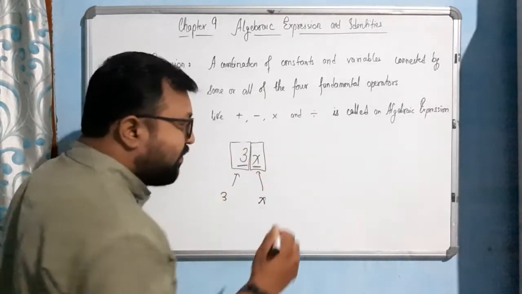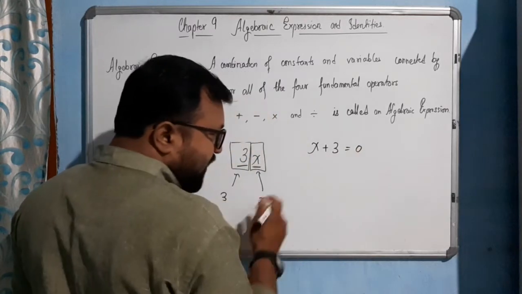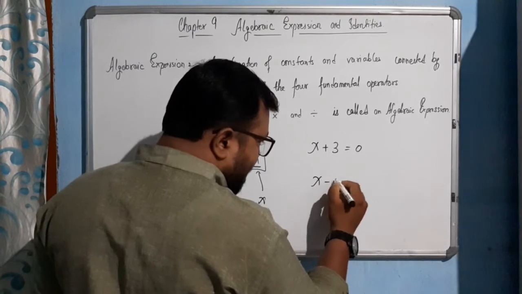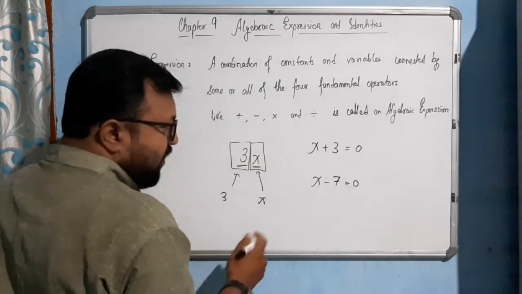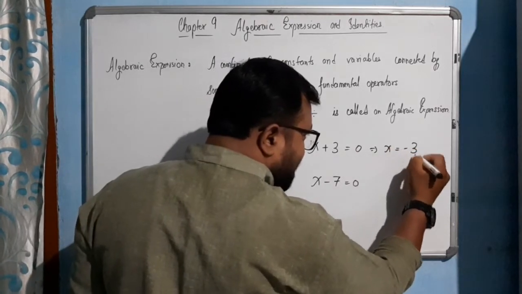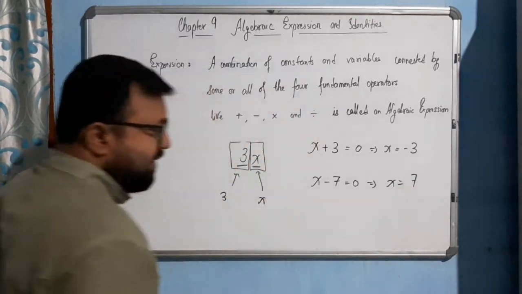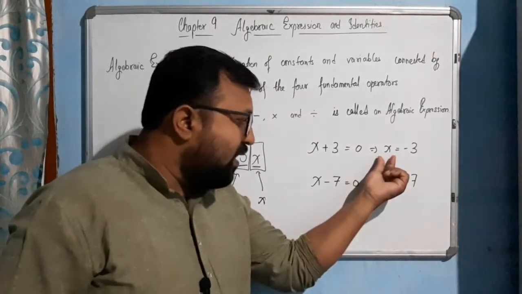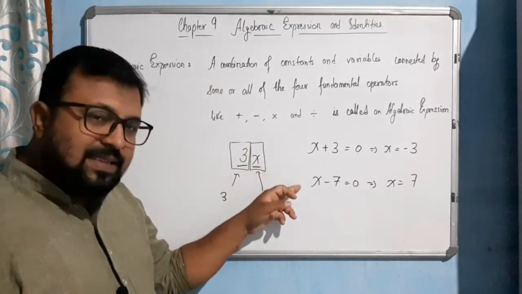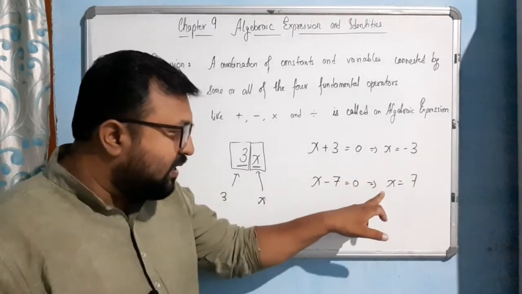Let's take two examples here. x plus 3 equal to 0 is one expression, and suppose x minus 7 equal to 0. If I try to find the value of x here, in this case I will get x equal to minus 3, whereas in this case I will get x equal to plus 7. See, the symbol is the same variable x, but in two different cases the value of x becomes minus 3 in one and 7 in the other.